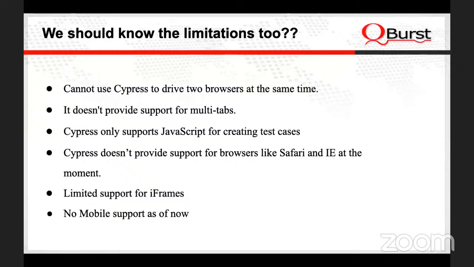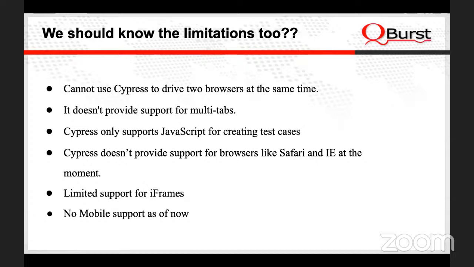And it has very limited support for iframe. And another important thing is that there is no mobile app automation support for now. So the people attending this session who are working on mobile app automation, guys, sorry, you cannot use Cypress for the time being, but maybe they will have something in store for the future.